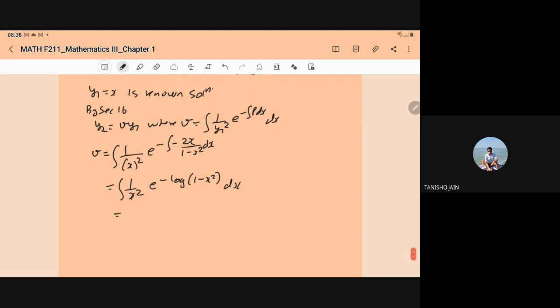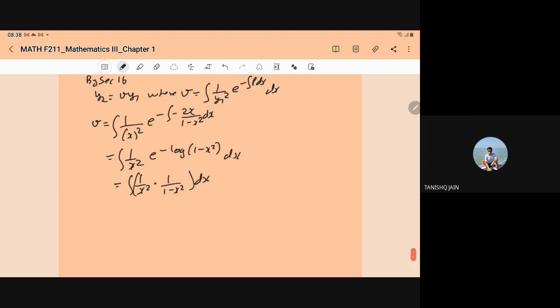So this can be written as 1 upon x square into 1 upon 1 minus x square dx. If you take the partial fraction, it will come 1 upon x square plus 1 upon 1 minus x square dx.